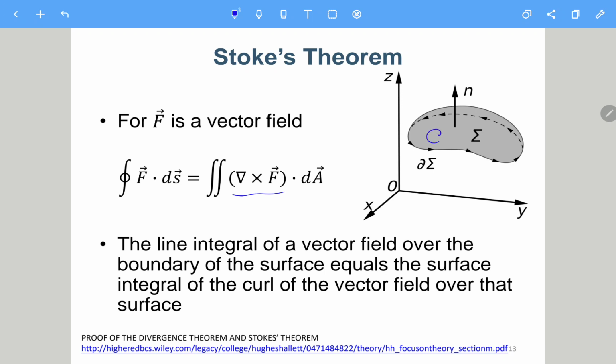So in that sense, here it is pointing downward, there it is pointing upward. So inside the surface, the curl will cancel each other. So the only remaining part is the boundary.